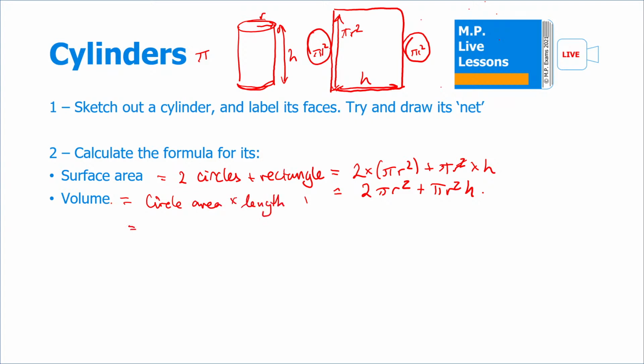To put it simply, that is just, wait, correction, the length that wraps around the circle is 2 pi r. So the circle area is pi r squared times the length, which is the height, so the volume is just pi r squared h.